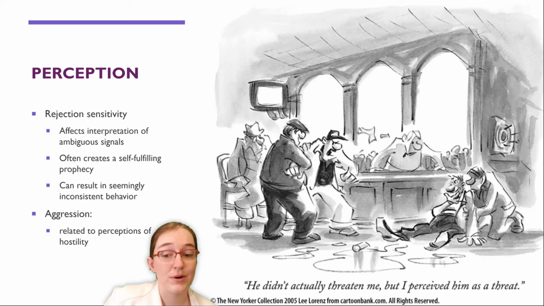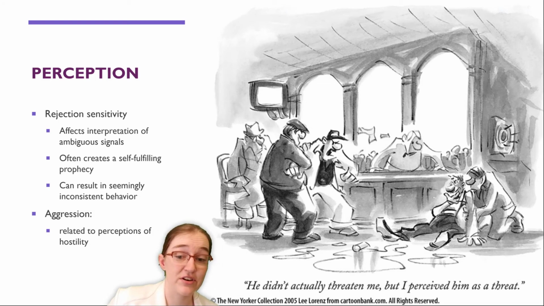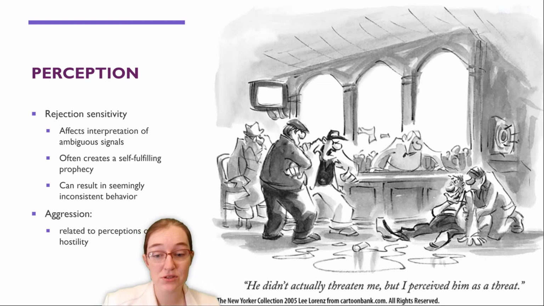So this often creates a self-fulfilling prophecy where people high in rejection sensitivity respond to these ambiguous cues with anxiety and even panic, and these aspects can result in seemingly inconsistent behavior depending on whether or not the cues for rejection are present. They've done some really cool studies about this.